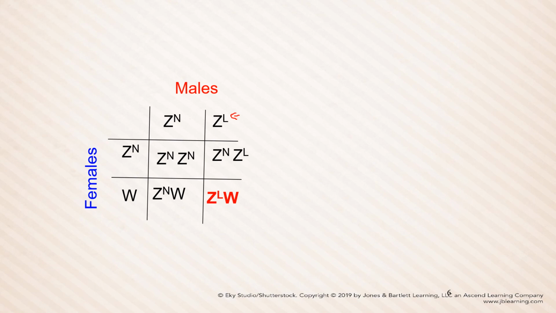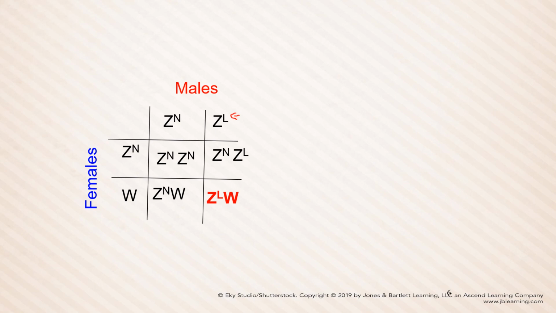So let's do it. Male and female. The male is heterozygous for the lethal allele, as you can see here, and the female has only one allele that is normal.